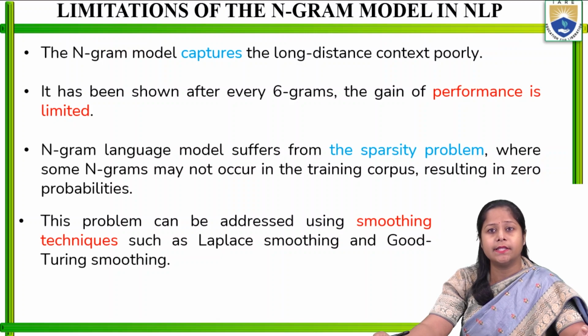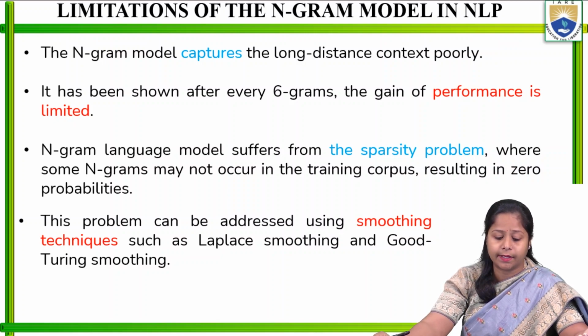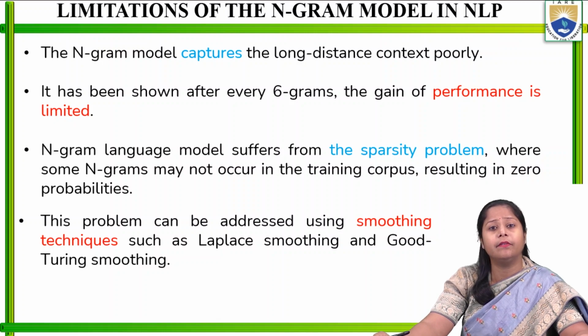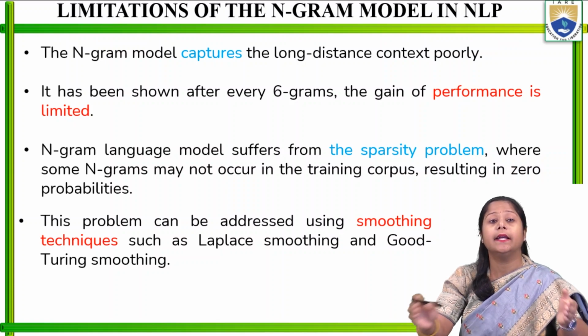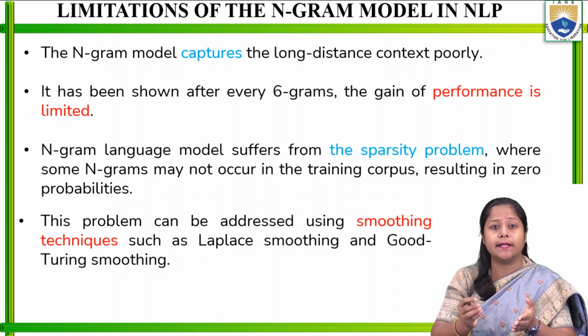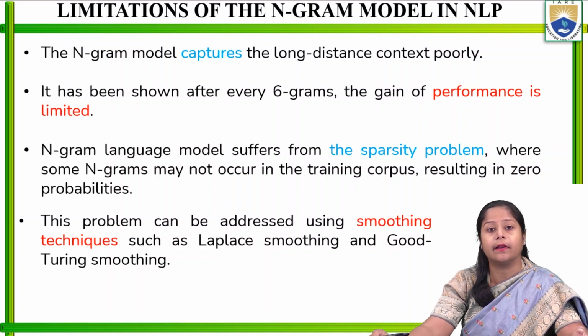The n-gram language model sometimes suffers from the sparsity problem, where some of the n-grams may not occur in the training corpus. That is the same as when we have a lack of vocabulary or a lack of training data, which gives 0 probability to the resultant words, sentence or letter from this language model.